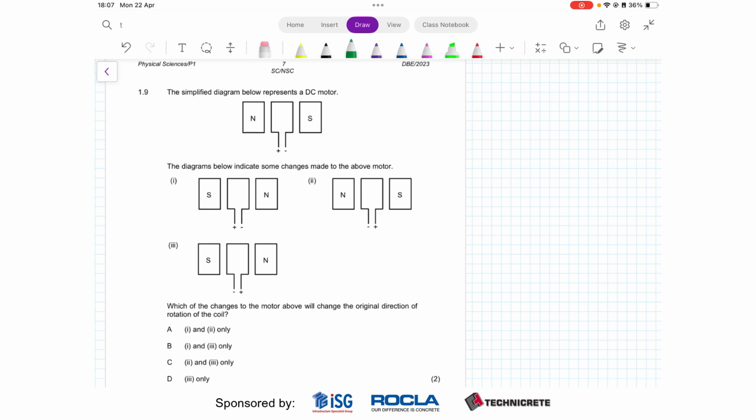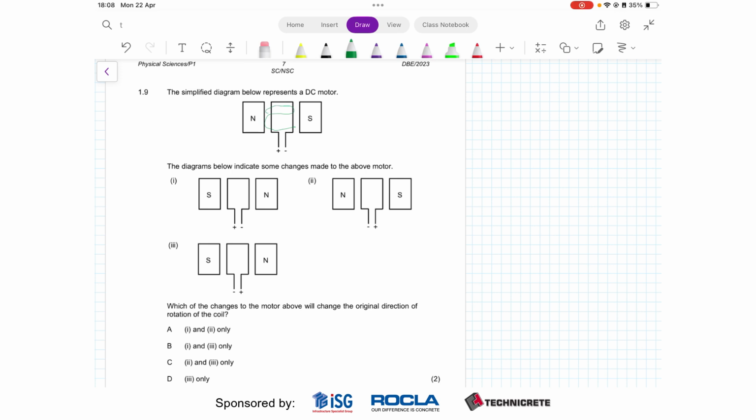Now, in this scenario, the changes to the motor, right? If your coil was moving this way here, and you change the configuration, then that means your coil is going to move the other way around.